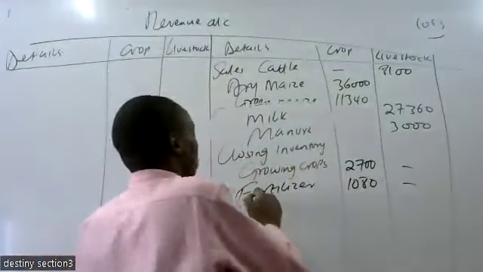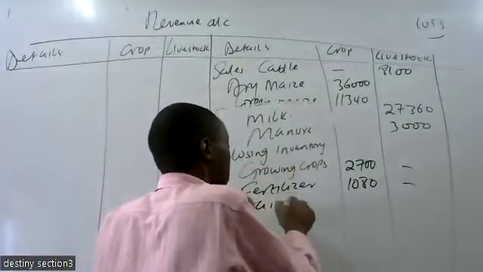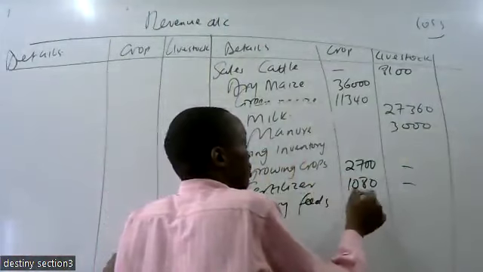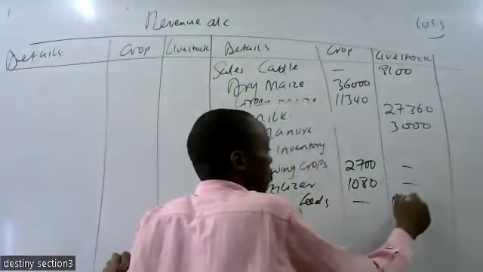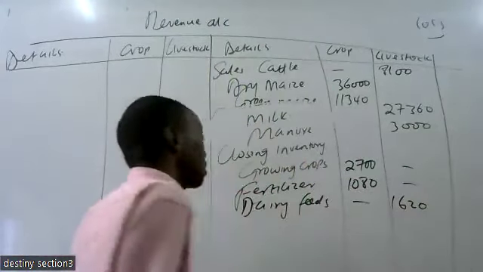Dairy feeds, 1,620. It goes to, of course, livestock.